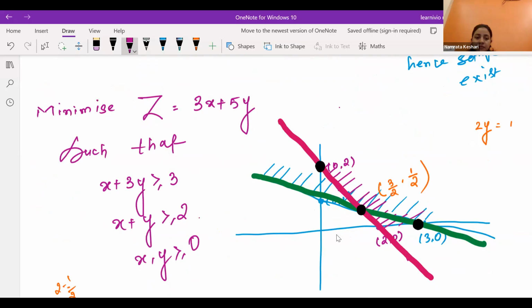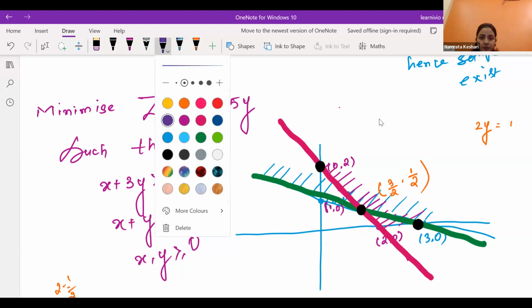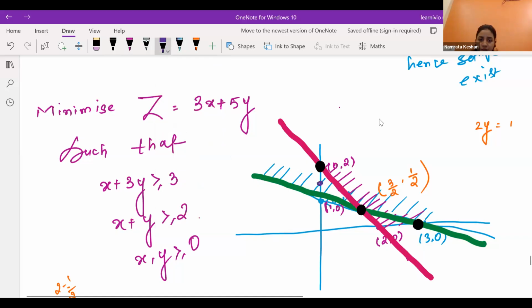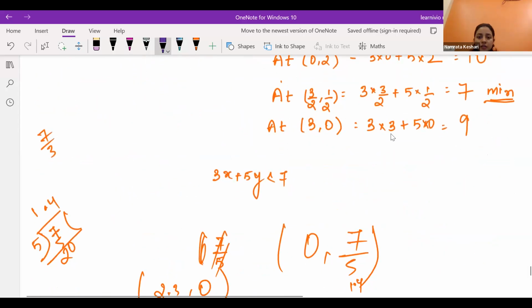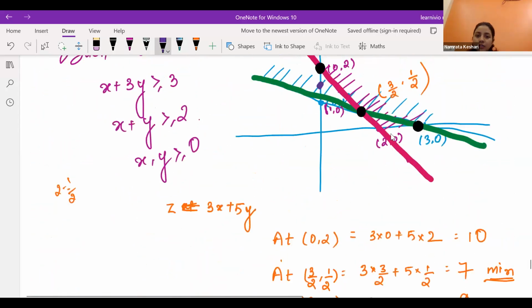It was 1 comma 0, right? Yes. Okay, so 1.4 is somewhere just up here.